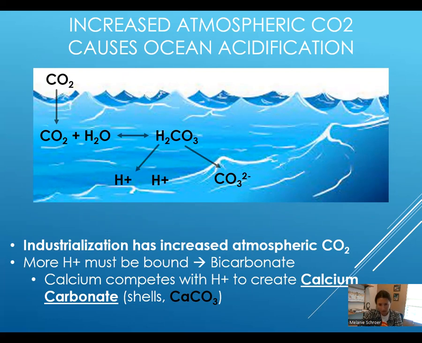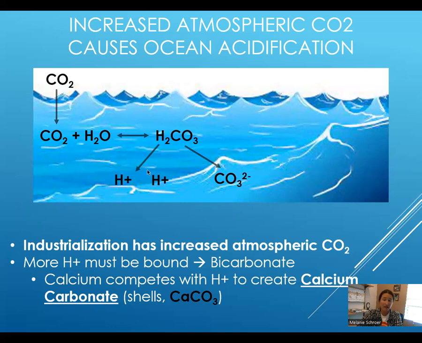The problem here that we have seen with this age of industrialization, right, which of course pumps out more CO2 into the atmosphere, therefore more into our oceans, is that when carbonate is busy buffering these additional hydrogen ions, right?